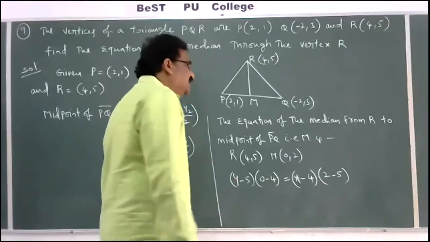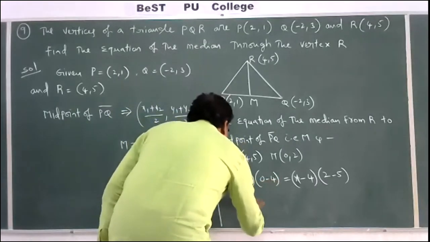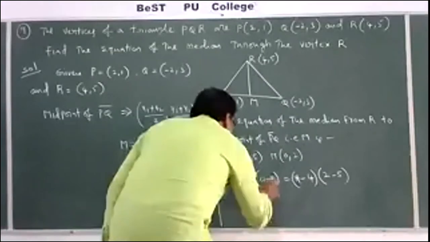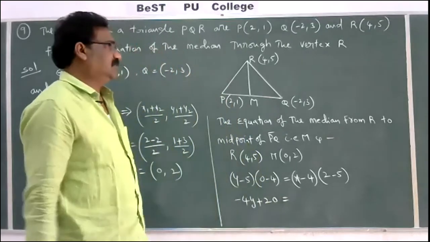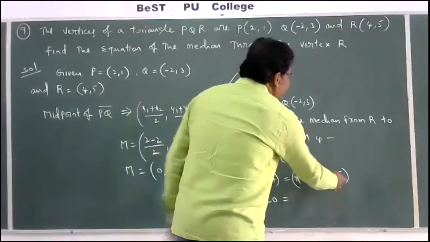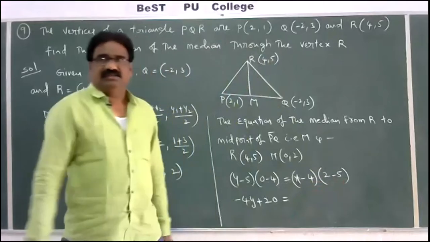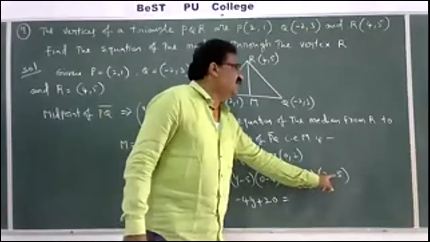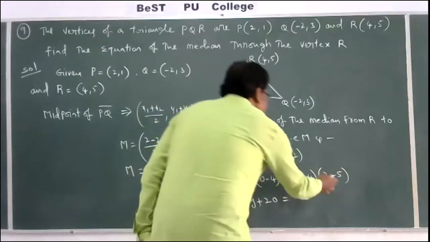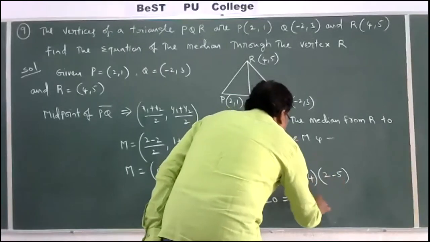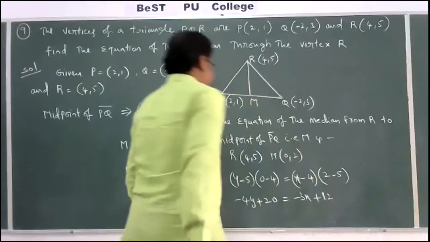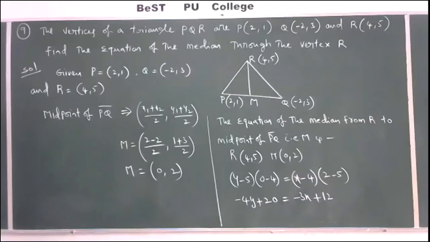Multiplying the minus 4 inside the bracket, that is minus 4y plus 20 is equal to. So here 2 minus 5 is minus 3. Minus 3 into x, minus 3x. Minus 3 into minus 4, plus 12. Minus 3x plus 12.